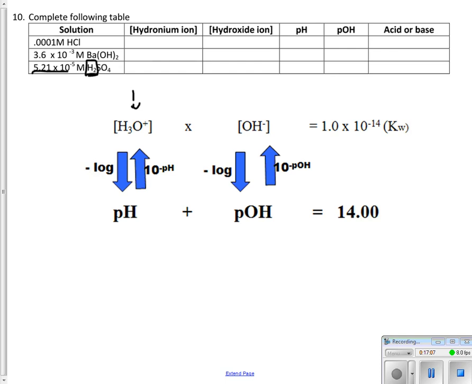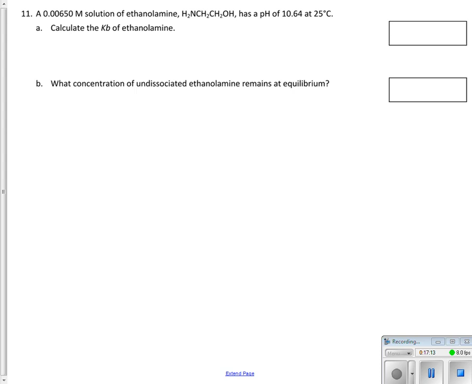Next thing, they asked me to calculate Kb. That means keep the X. That's all that's going to mean if you think about it like that. So remember, when you go to find Kb, it's going to be X squared over molarity minus X in this case, which means they have to give me 2 numbers.